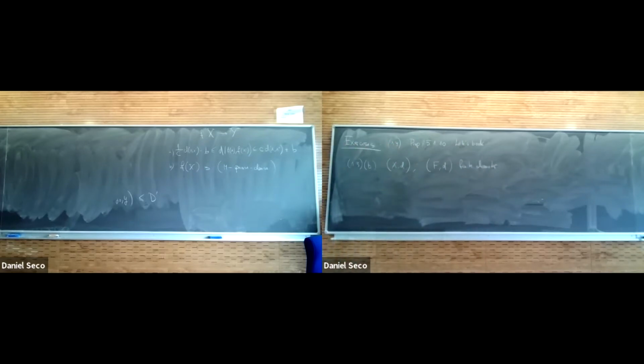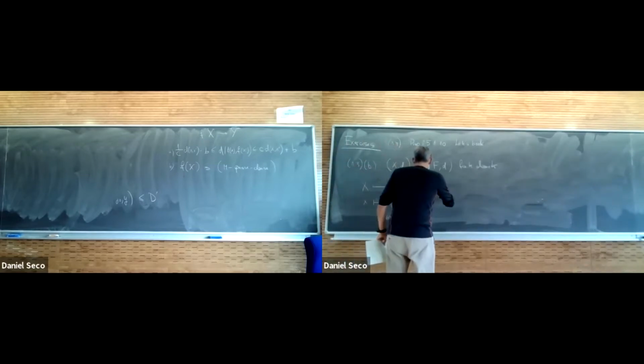Then it's very easy to see that the injection sending an element x to x times n, and not a distinguished point in this finite diameter set.